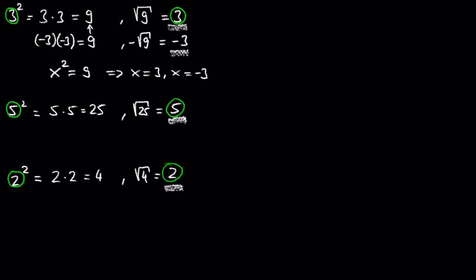What is the square root of 16? Again, ask yourself which number multiplied by itself is 16. The solution is 4, because 4 squared is 16. What is the square root of 36?